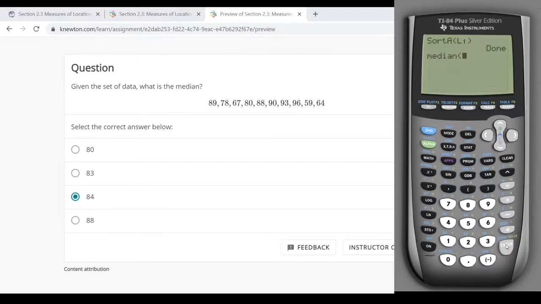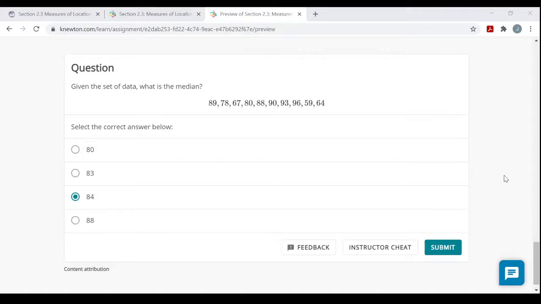I hit enter on median. What's the median of? And then I go second number 1 and put L1, list 1. All my data was down list 1. What's the median of that list 1? And it should be 84, as we saw by hand earlier as well. Okay, so 84 is the median.